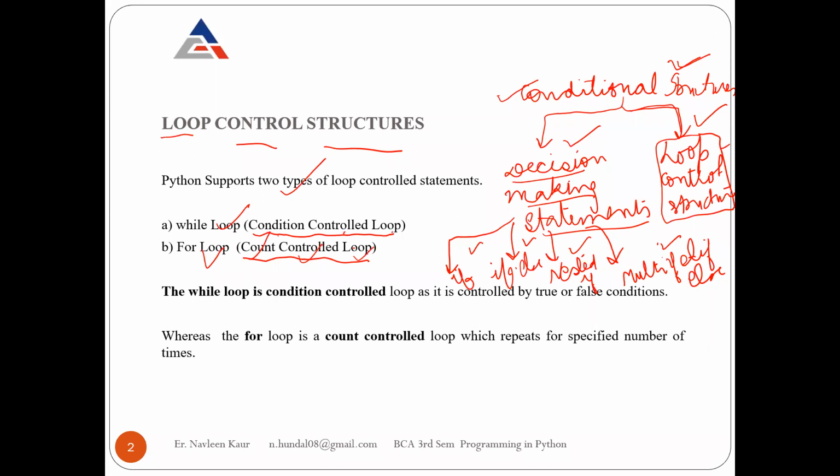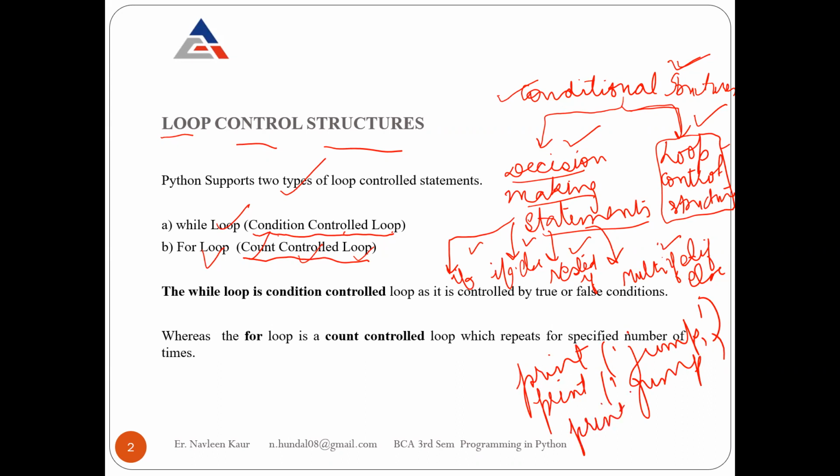Suppose I want students to print jump 10 times. One way is that you can write it out 10 times: first time, second time, third time, and so on. When you run it, you will get jump printed on your output screen 10 times.